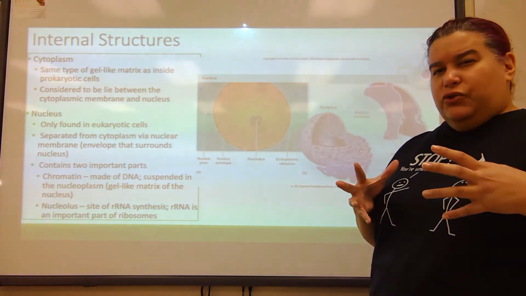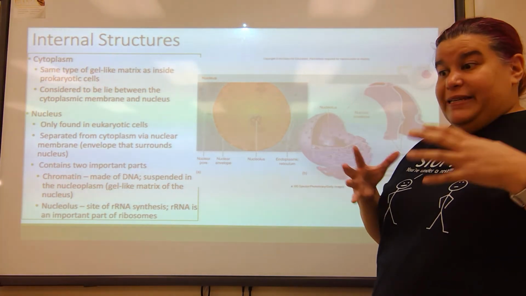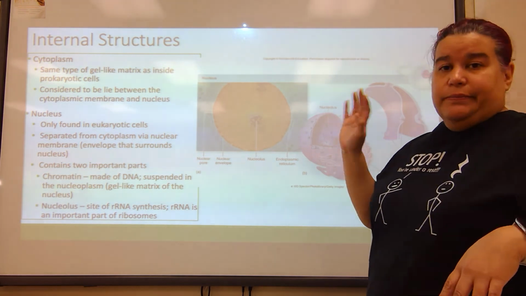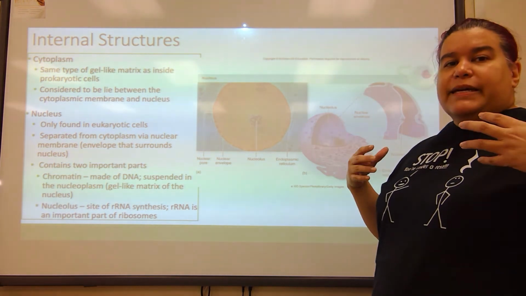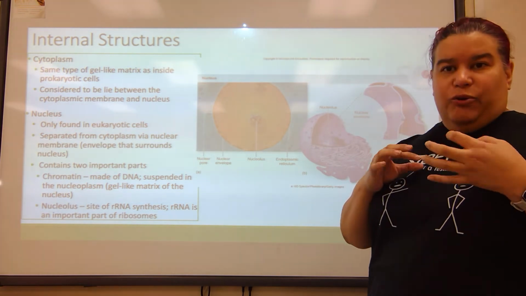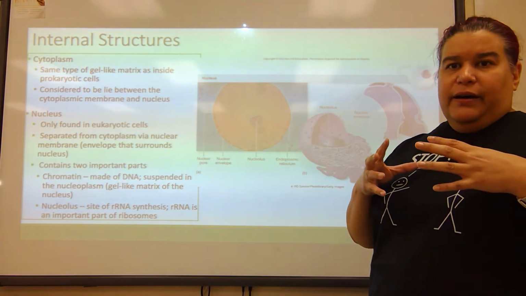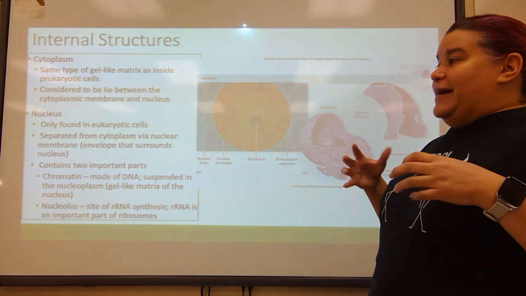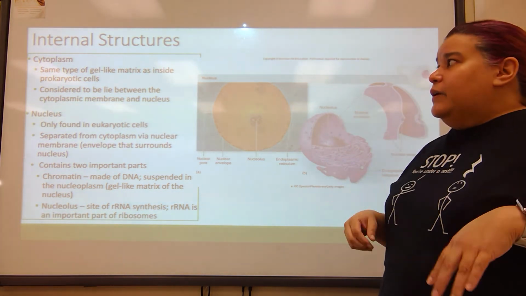So let's talk about the internal structures that you have inside of your eukaryotic cell. First thing we're going to talk about is the cytoplasm. It's the same type of jelly or gel-like matrix, matrix being the substance, as inside your prokaryotic cell.